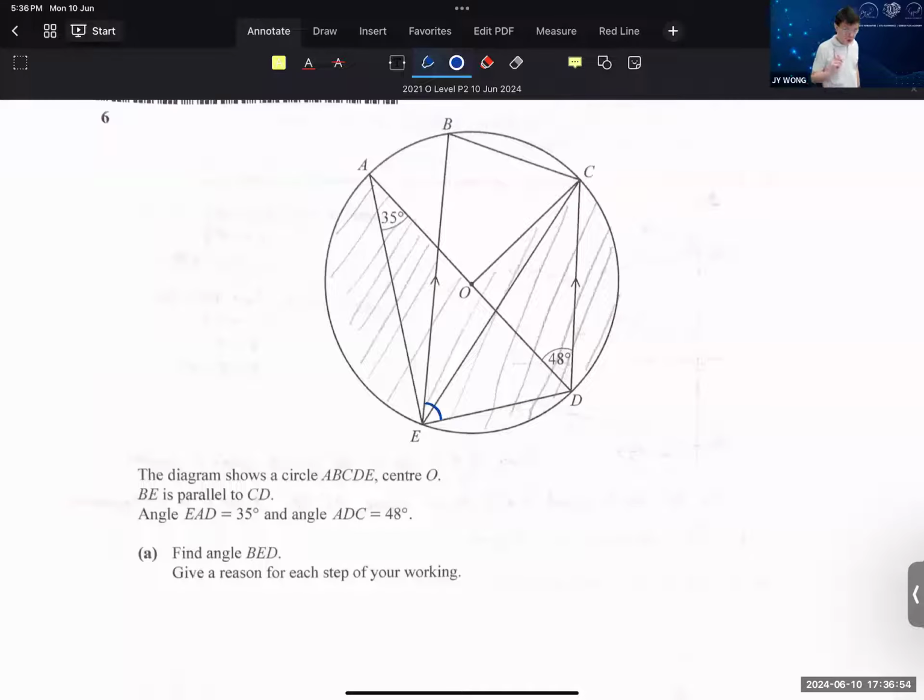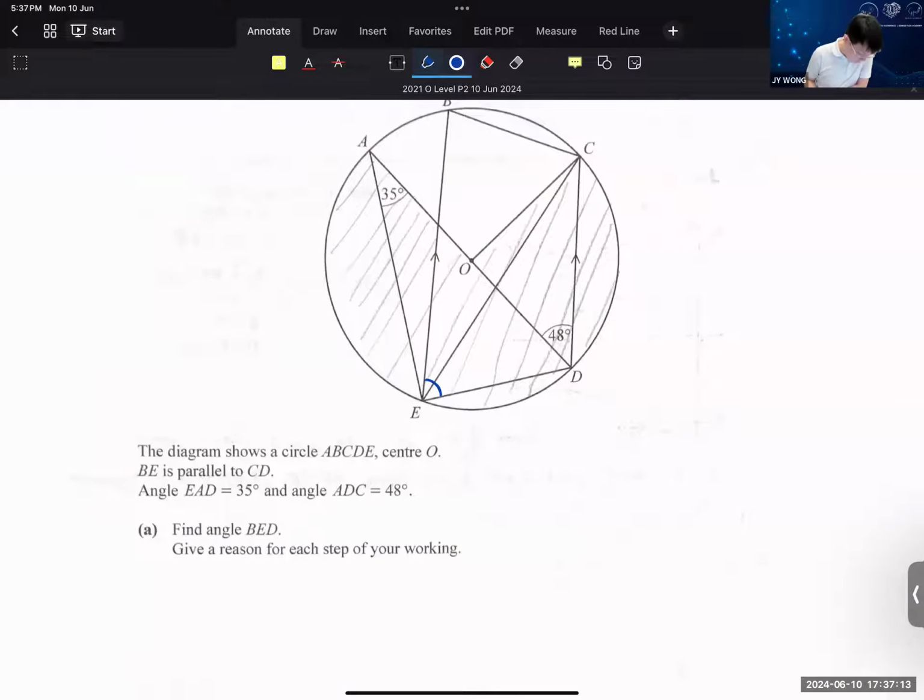But be very careful in this case. Center is O, and not all the lines pass through the center. Sometimes it's useful to draw from points to the center, sometimes it's not. It depends on the question, so it's quite hard to tell.